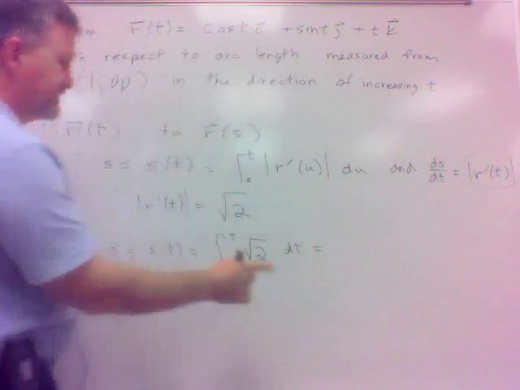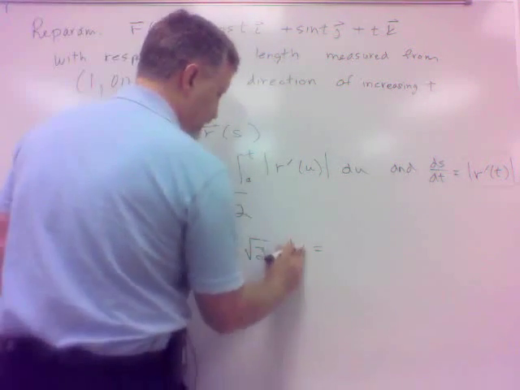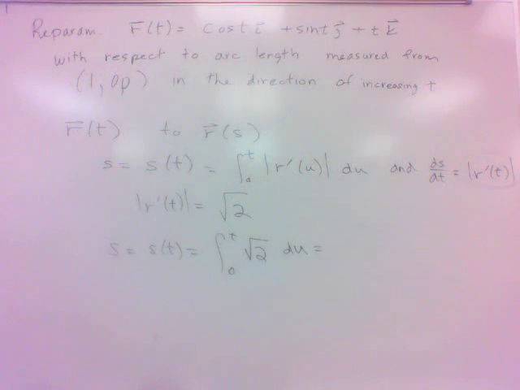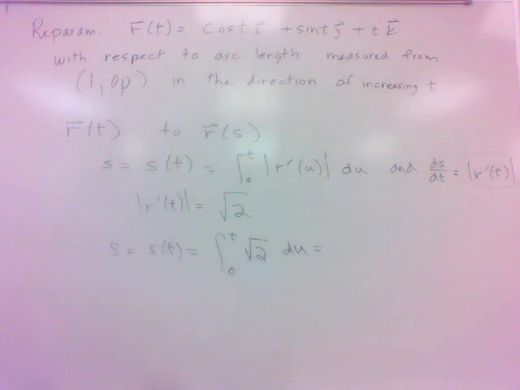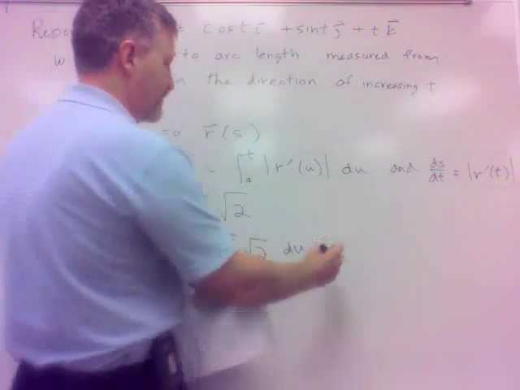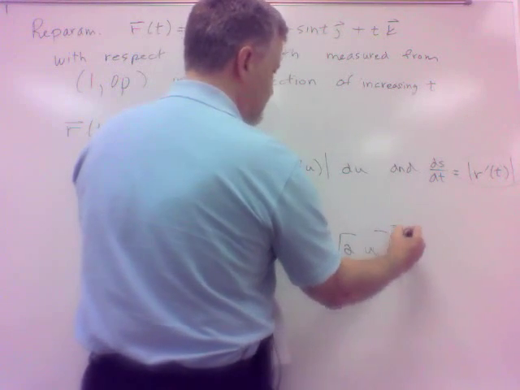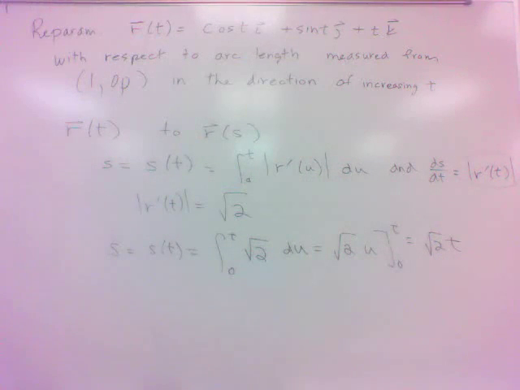Just using u as the variable because we've already used t here, it's an easy integral: the square root of 2 u, evaluated from 0 to t, gives the square root of 2 t.